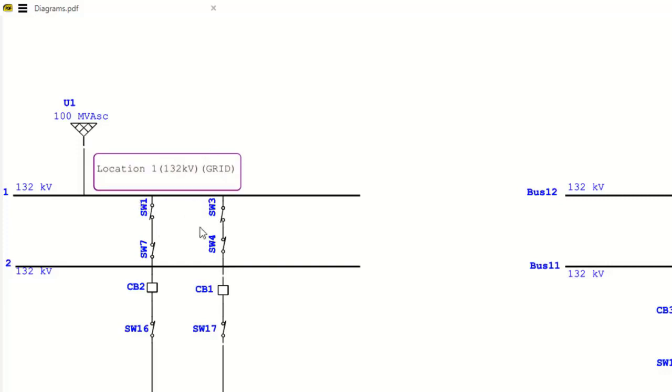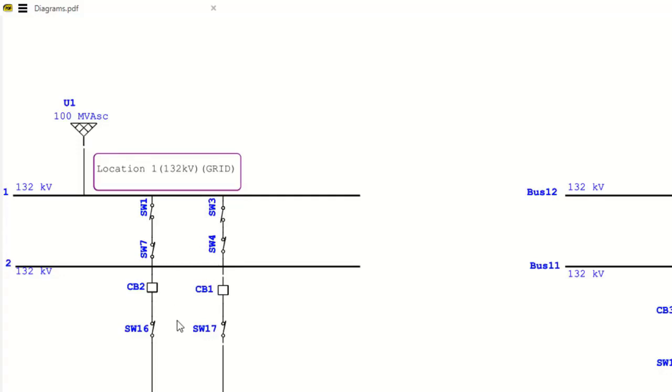Now we have switches here, basically isolators. This can be a representation of a substation. We are getting power from the grid and it goes into a switching system in the substation.